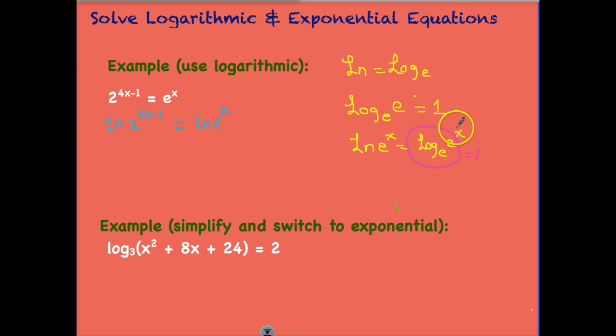If we think about the power rule, this x comes down in front, and what I really get is x times 1. So the right side here, in fact, just equals x. So see what happens when we have log base e. Those can cancel, they just equal 1, and then whatever our exponent is comes down by default.